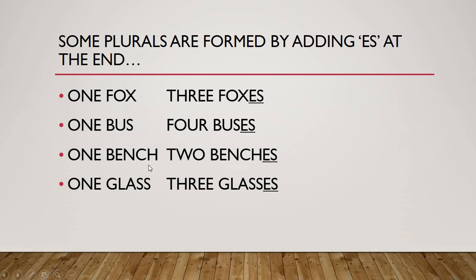Similarly, bench ends with ch, so that is the reason we added es to make it plural and not just s. The word glass ends with double s, so we added es to make it plural.